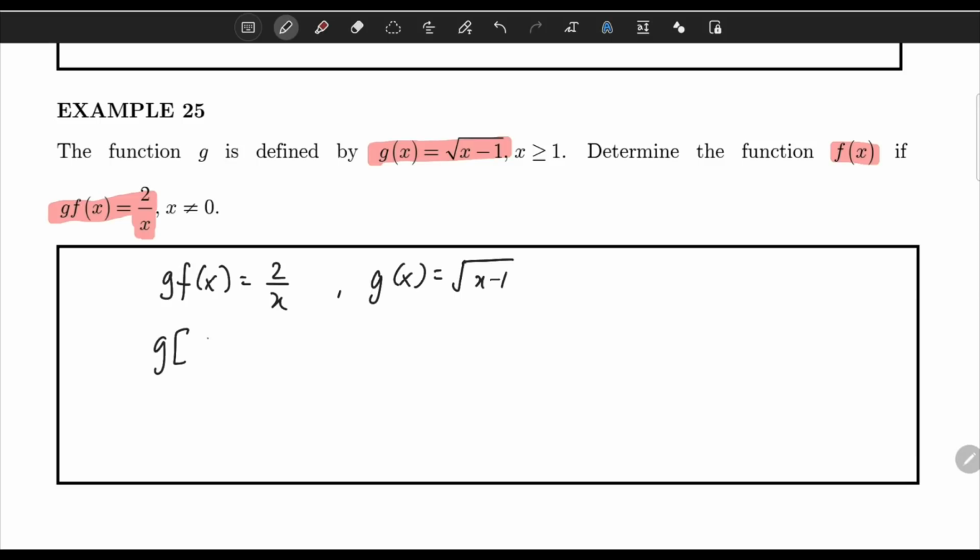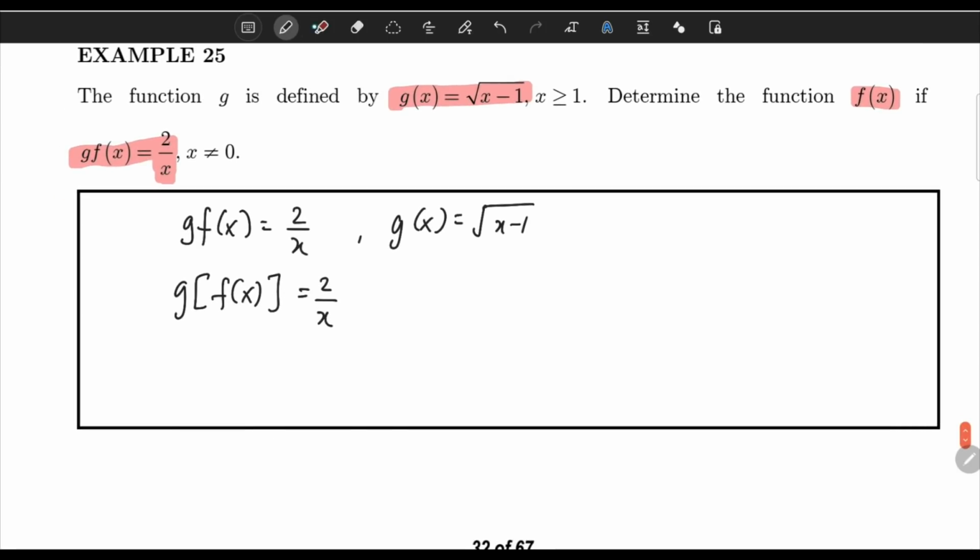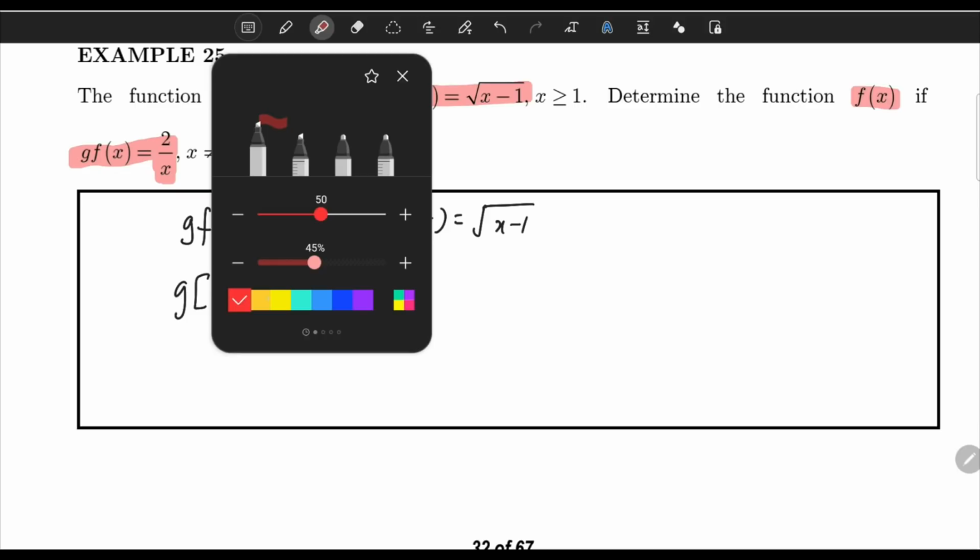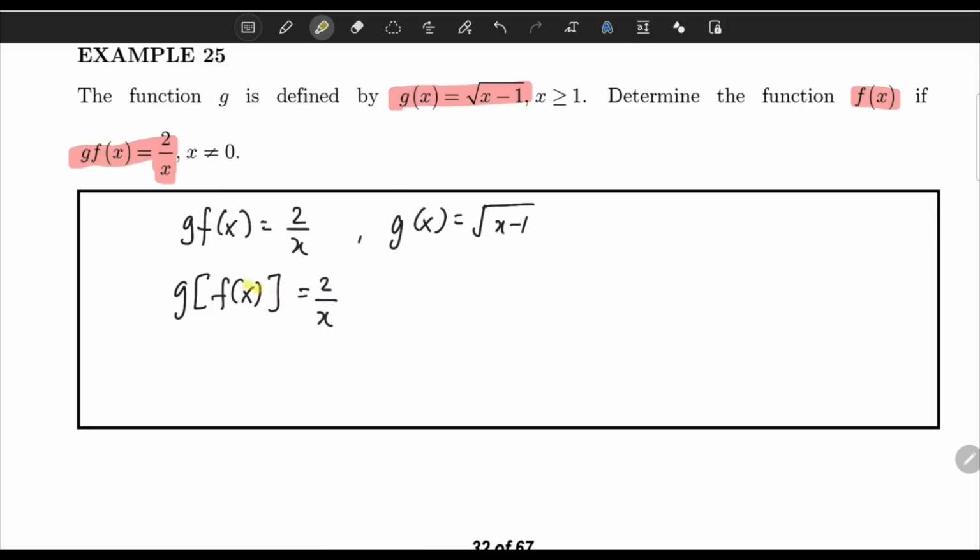So g of f of x equal to 2 over x. So we are going to substitute f of x inside g. Okay, so we will use square root of f of x minus 1 equal to 2 over x.